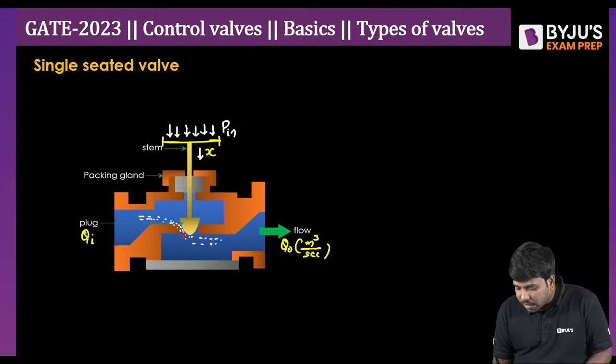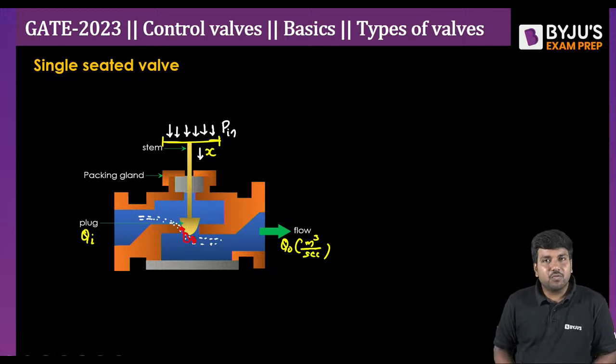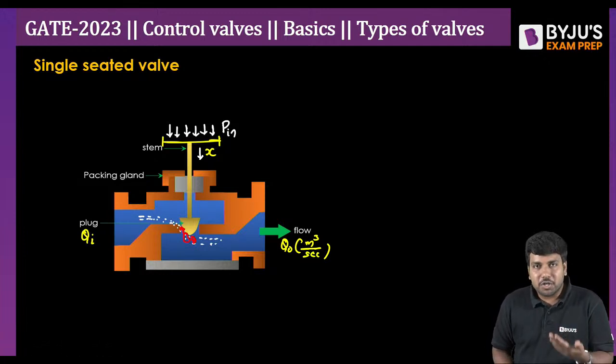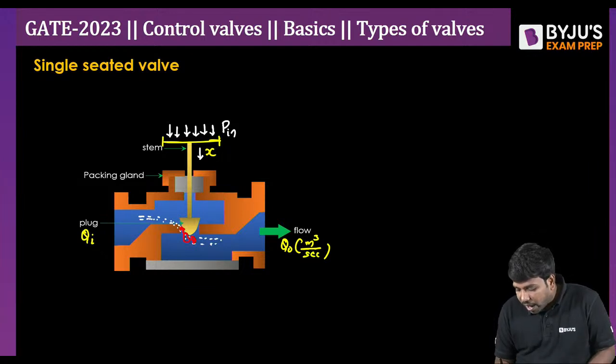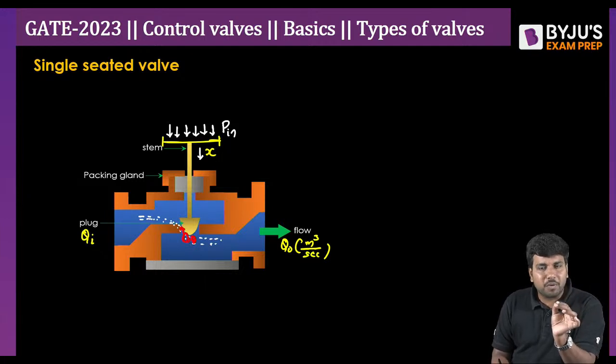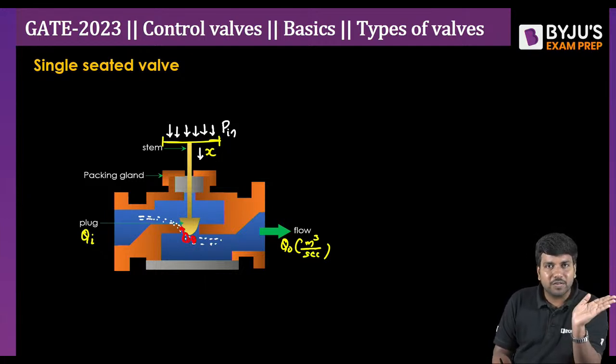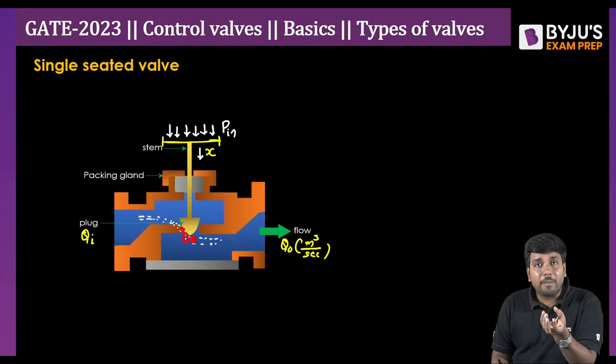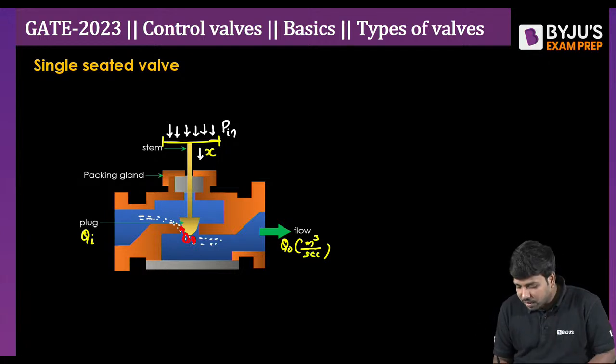That means the liquid particles here will naturally be pushed backward. This is the reason why there will be a pressure drop, correct? I repeat, pressure drop. As these particles accumulate just below the valve plug, before they move to either this side or this side, they will apply an upward thrust. That means the particles which are accumulated here start applying an upward force.